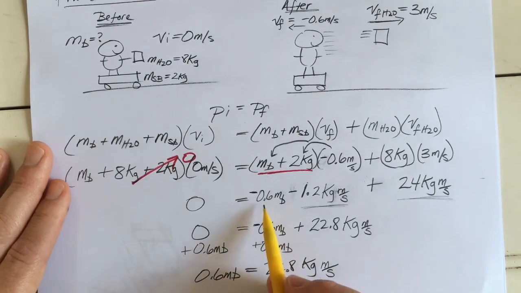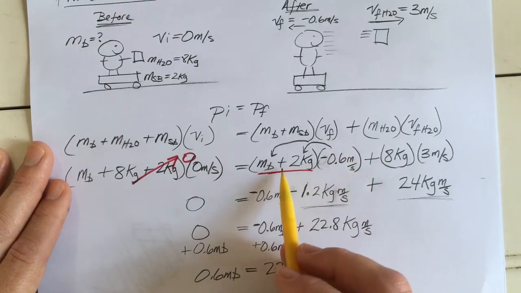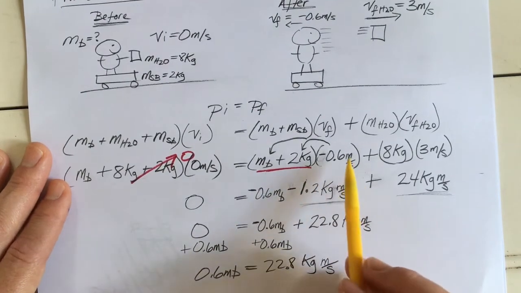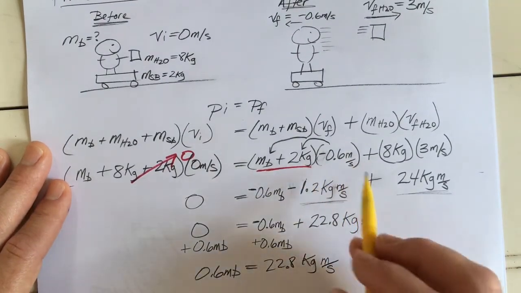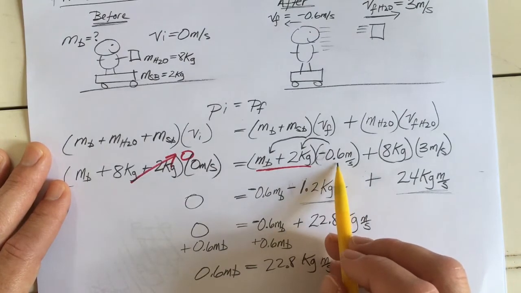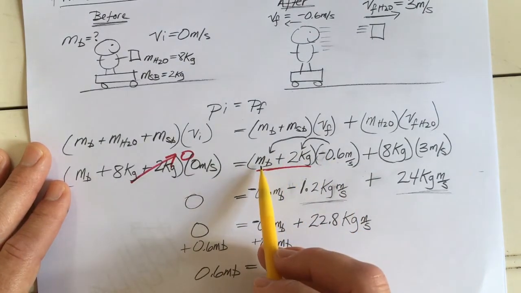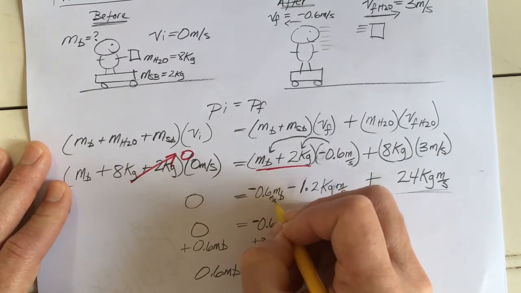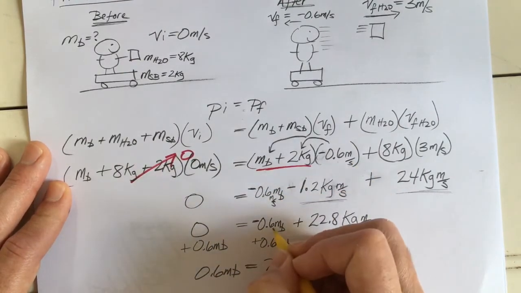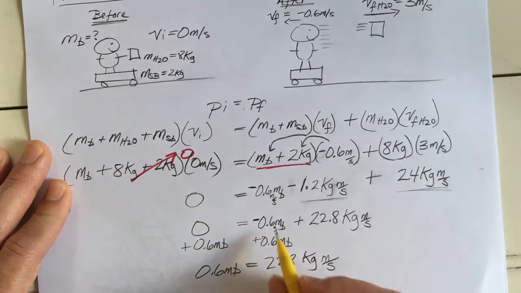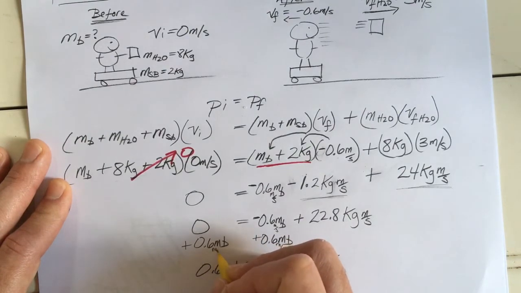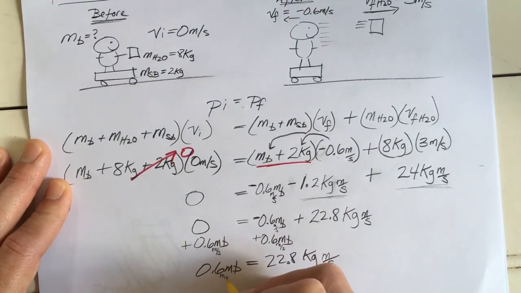All right, I forget a unit here along the way. I think I did. Okay, so if I go back and look, and I'll point that out, when I multiplied this here, this negative 0.6 times this MB, it had a meters per second on it. So there should be a meters per second there, there, there, and here and here.